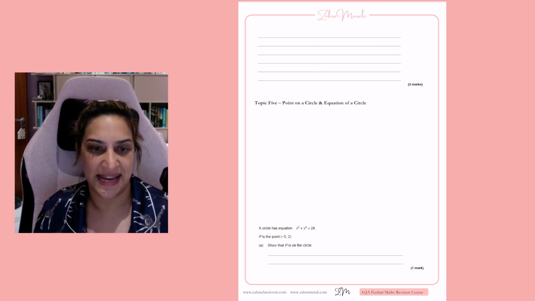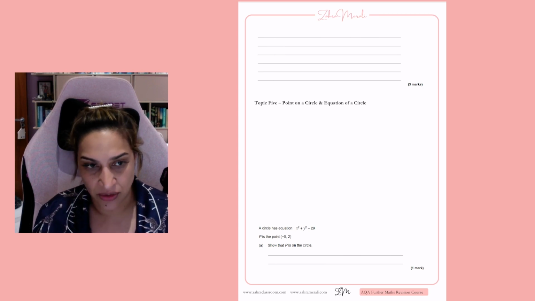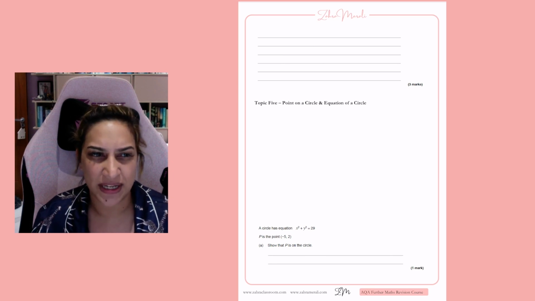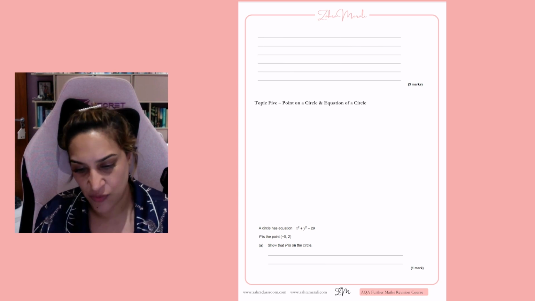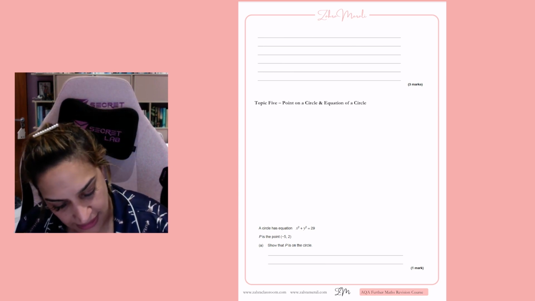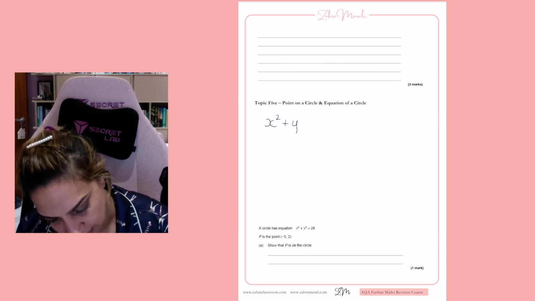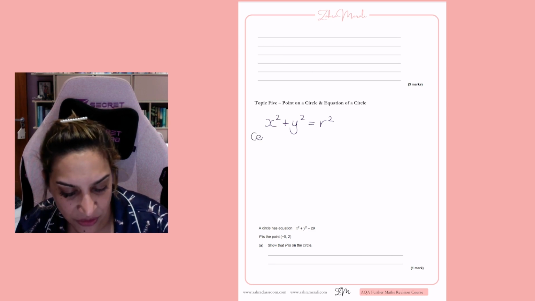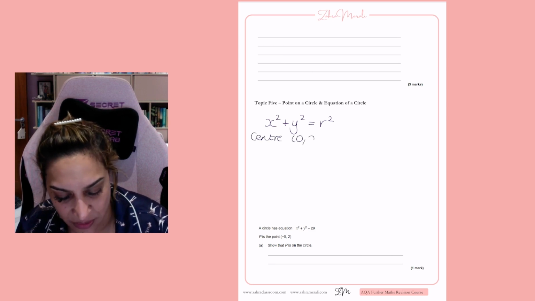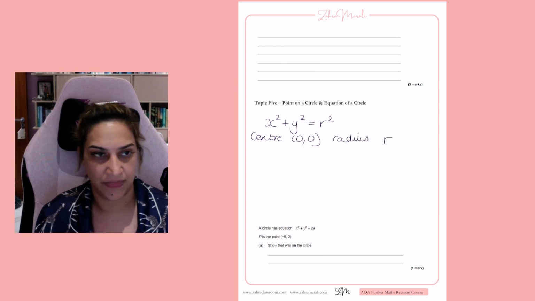Okay, next question. We've got a point on a circle and the equation of a circle. So what is the general equation for a circle? Your general equation for a circle is x squared plus y squared equals r squared. And that tells you that the center is 0, 0, and the radius is r.